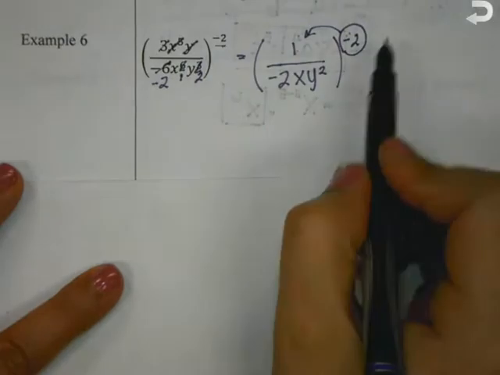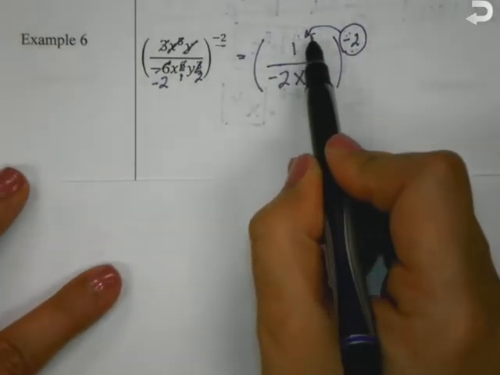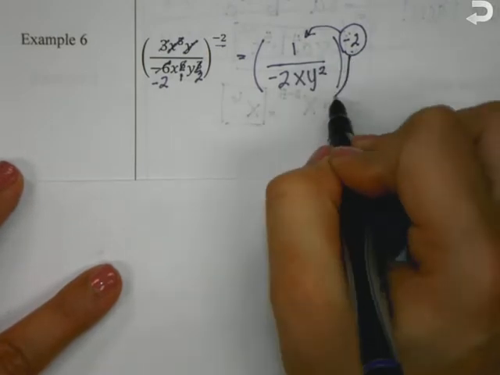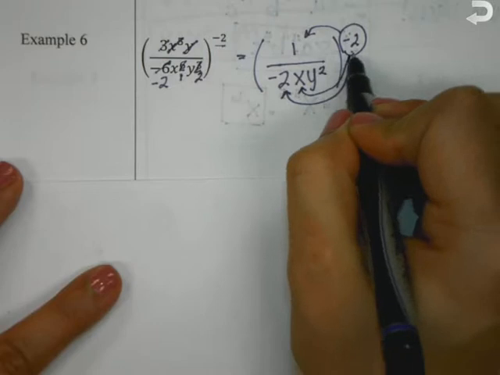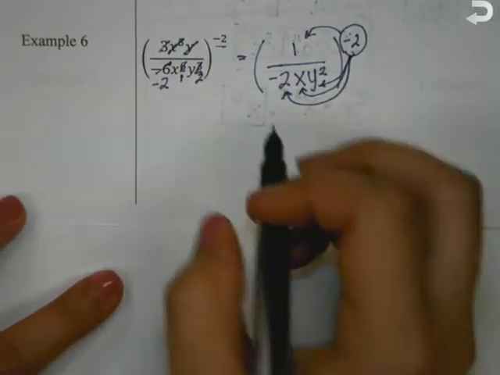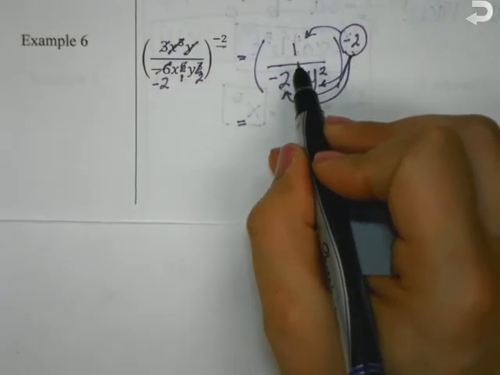Alright, so that negative 2 also gets put to that negative 2, to the x, and to the y. Okay. So what's that going to give me? Once again, this is not 1 times negative 2. This is still a power. It will always be a power.